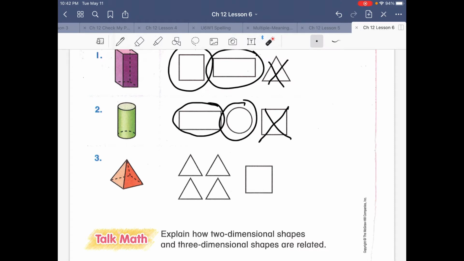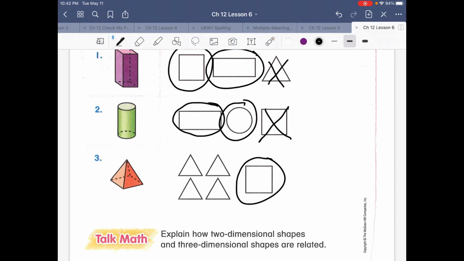Next shape, it's a square pyramid. How can I tell it's a square pyramid? On the bottom, the base is square shaped. Also, I can see that this square pyramid has 4 triangle sides: your left, your right, your front, and your back.